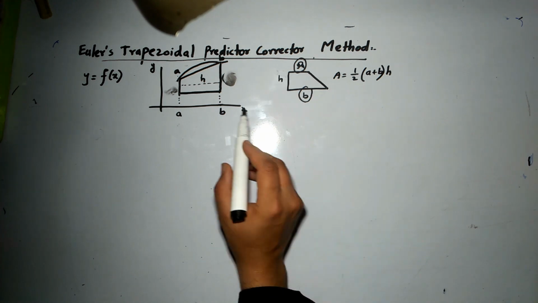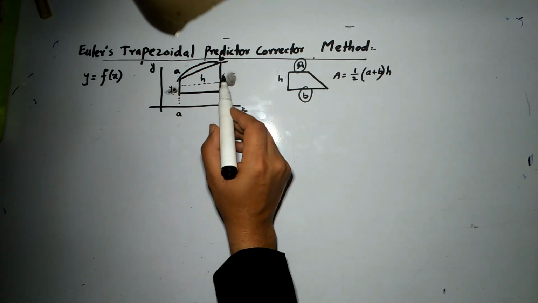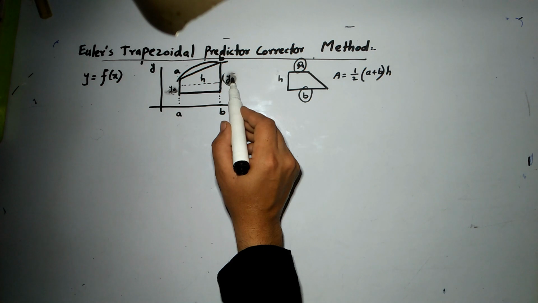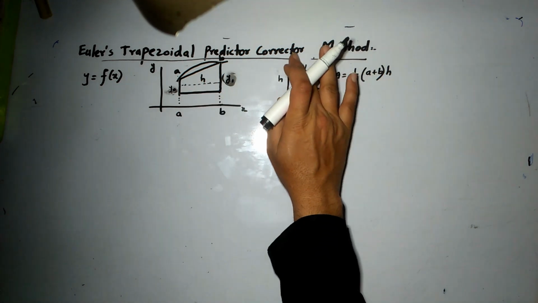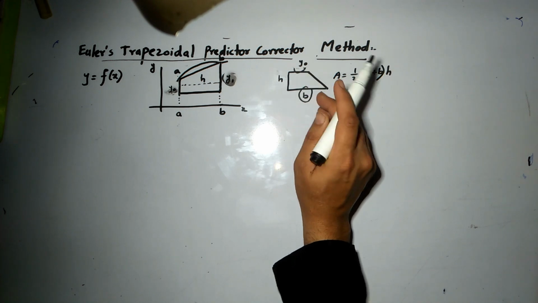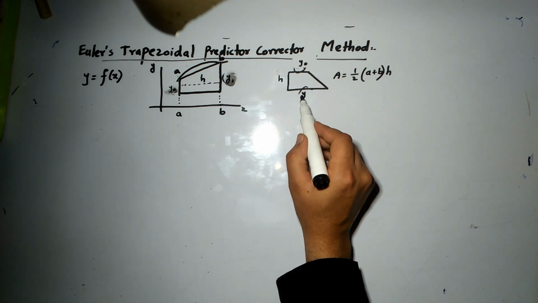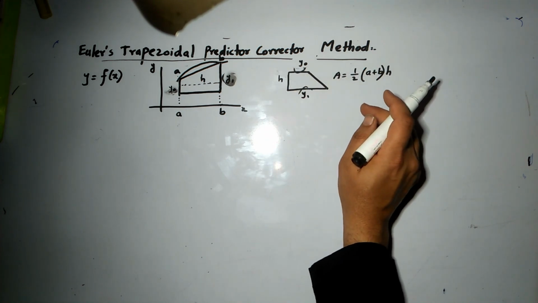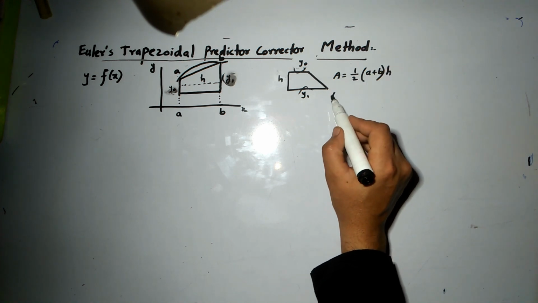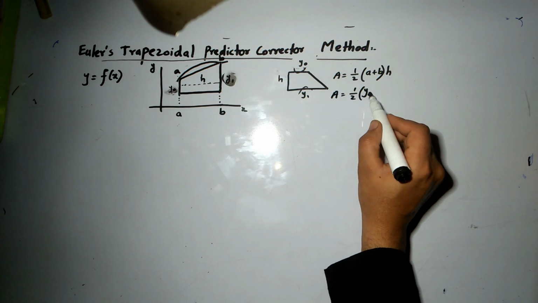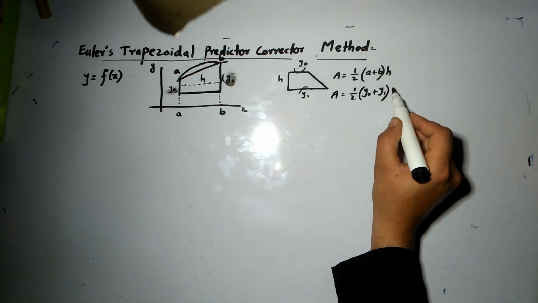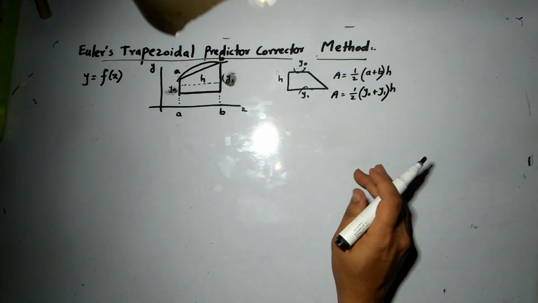Similarly, if I take this point as y0 and this point as y1, and this as the height, the area is equal to 1 over 2 times y0 plus y1 multiplied by h.